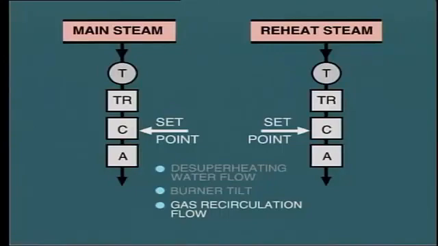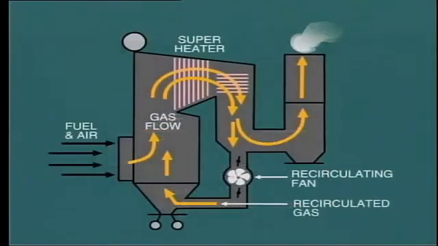This last technique provides the same effect as firing with increased excess air, but without the increased heat loss up the chimney. The recirculating gas merely circulates in a closed loop, while increasing the mass of gas flow across the superheater tubes, with consequent increase in main steam and reheat temperatures.